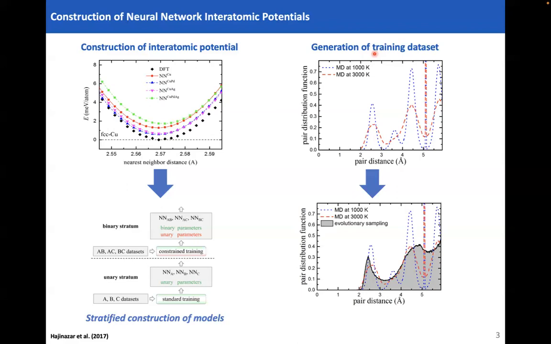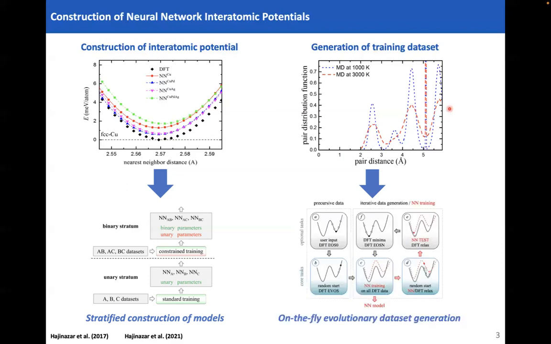Alternatively, this can be addressed by using evolutionary sampling or a similar scheme to generate the data. And as you can see here, the radial distribution function is much smoother, especially compared to what we get from MD simulations. In fact, this can be automated. For example, we developed this package, MAISE-NET, which is a fully automated on-the-fly evolutionary database generation for machine learning applications.